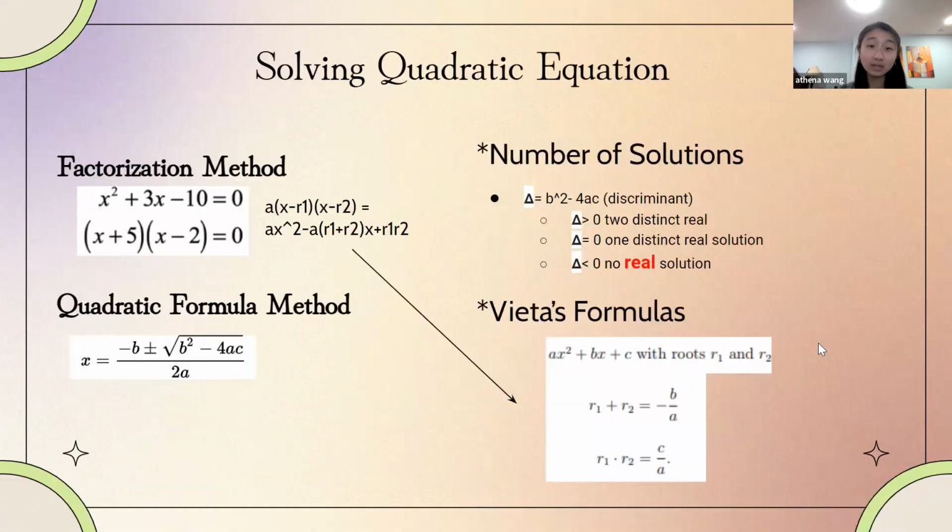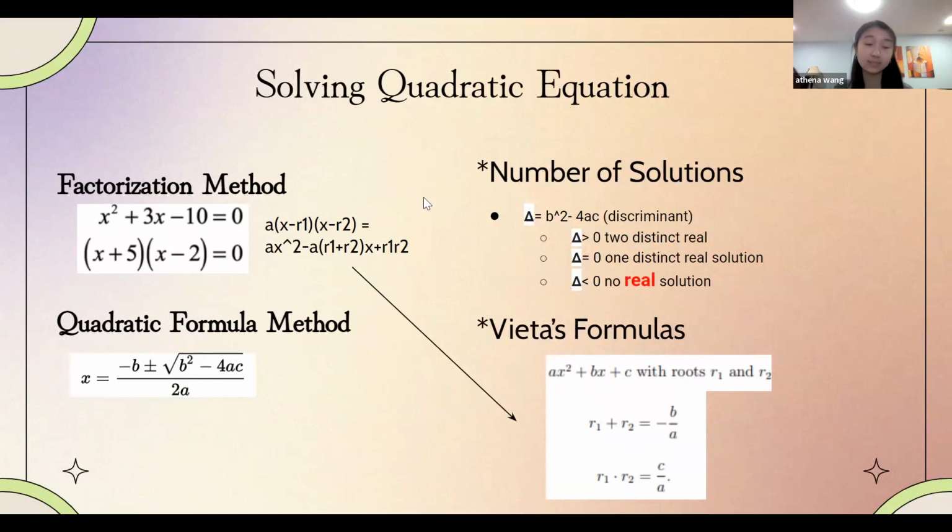Okay, and then for solving these quadratic equations, we have some methods. We have the factorization method. If we have this standard form, we can factor it into x plus 5 times x minus 2 equals 0.